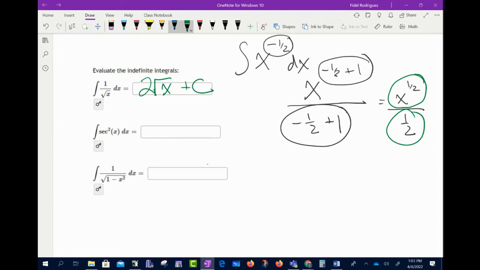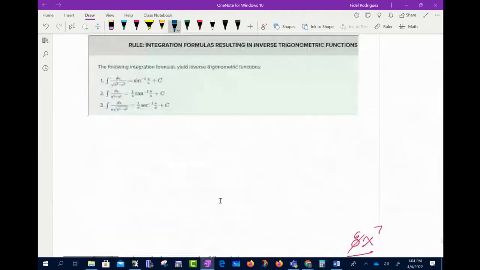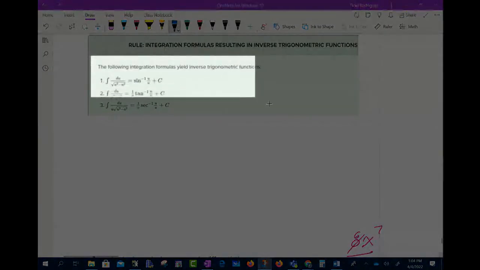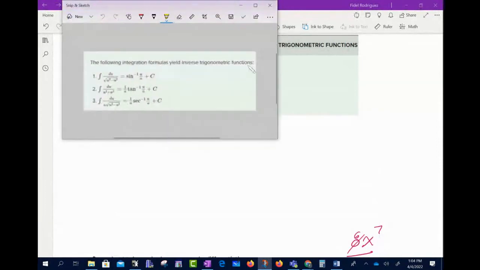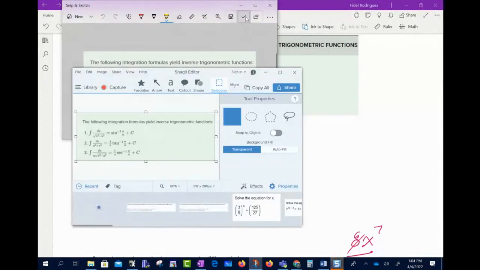Okay, so look, here's a little repeat. What's the derivative of secant squared? Tangent of x, again, plus c. Okay, so y'all, I'm going to do a little copy and paste here because I want to show you guys something that, again, unless we have these formulas, they're not necessarily something that we can just look at and say, oh, that's what it is.